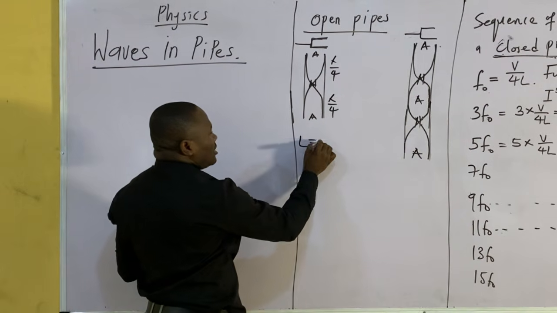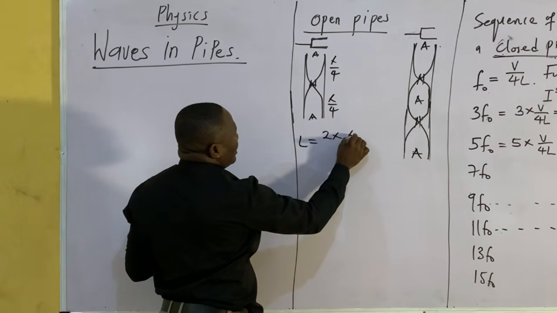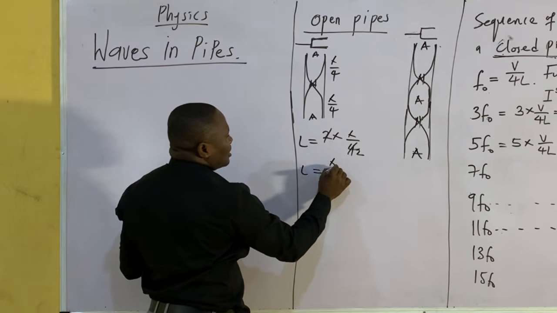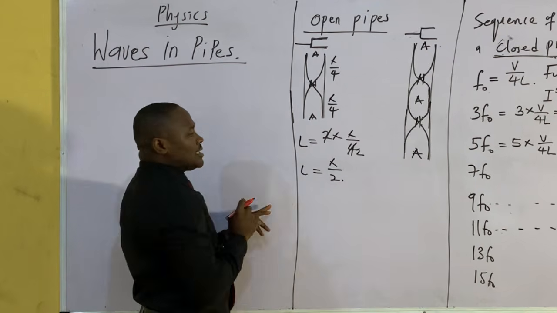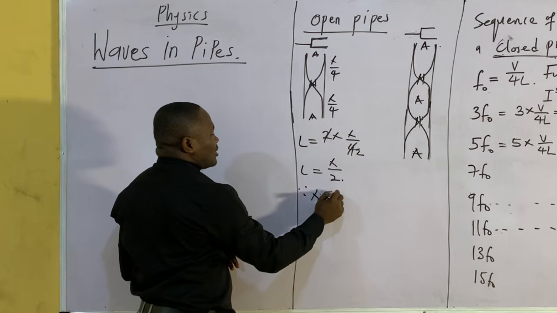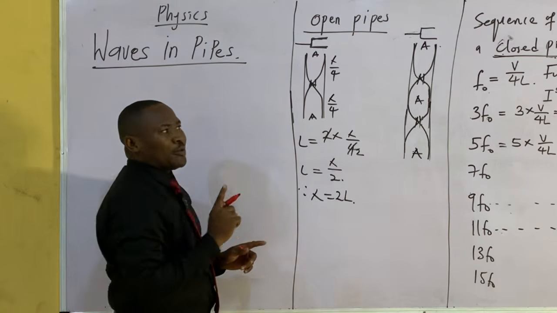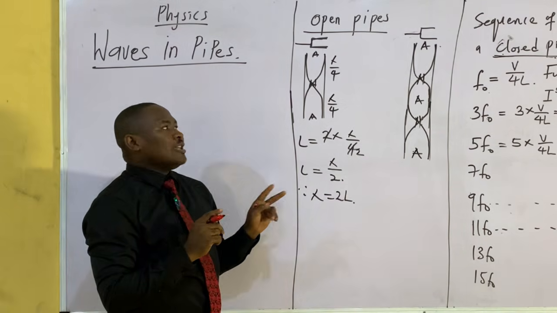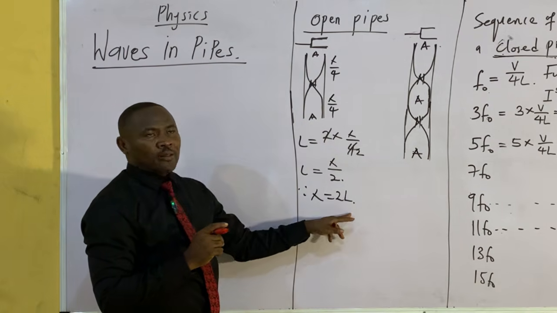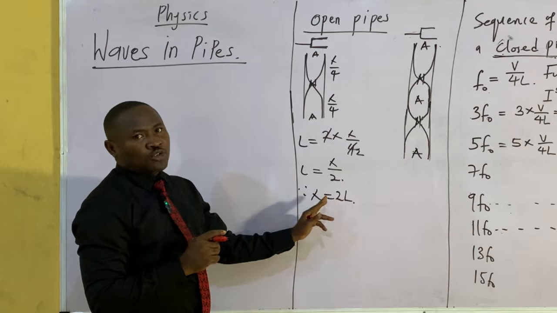L equals 2 times lambda over 4, so L equals lambda over 2, therefore lambda equals 2L. But if you remember, for the closed pipe, for the least possible vibration, our lambda equals 4L. But for the open pipe, it equals 2L.